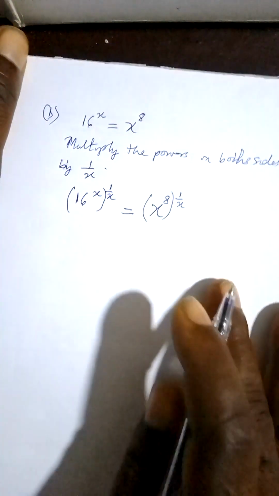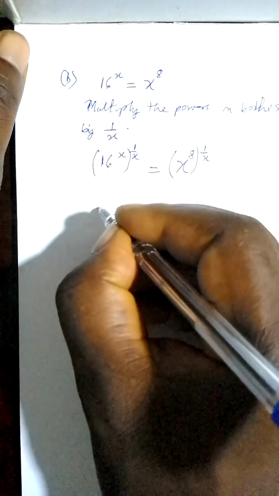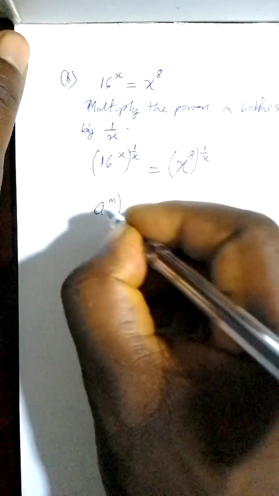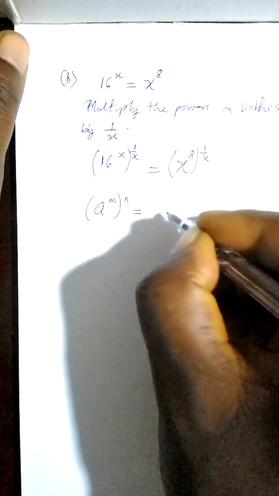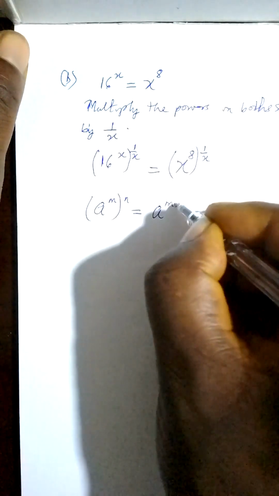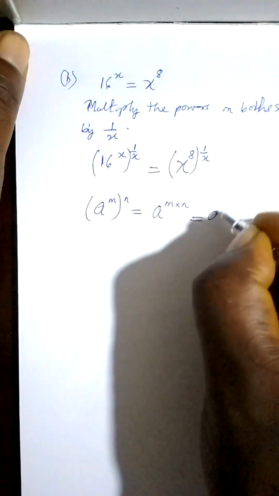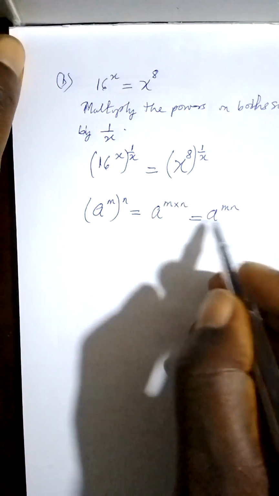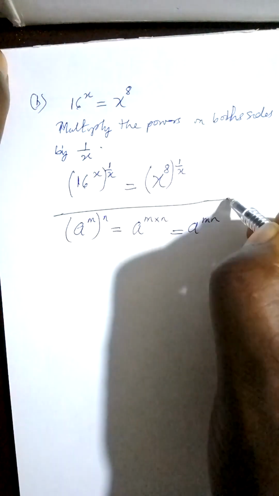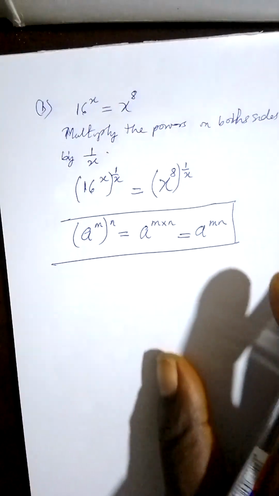And so we use this law. There's this rule in indices where you have a to the power of m, all to the power of n, will give us a to the power of m times n, which gives a to the power of mn. So I'm going to apply this rule to the left hand side.